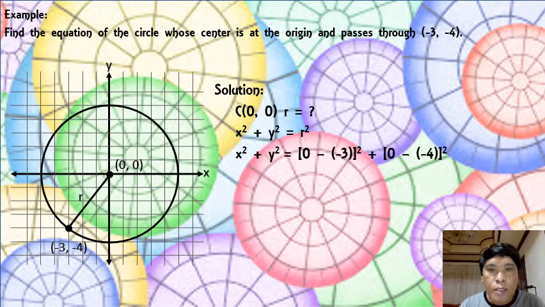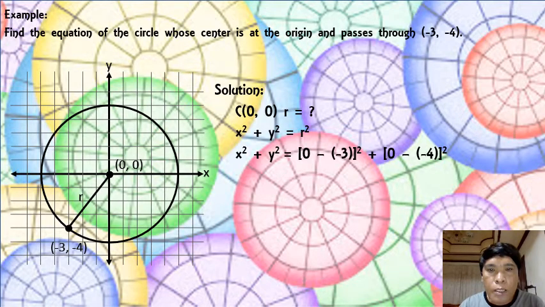So that is, the distance formula is the square root of x sub 2 minus x sub 1 squared plus y sub 2 minus y sub 1 squared. So we already plugged in the values. So x sub 2 is 0. Let's take this as x sub 2 and -3 as x sub 1.